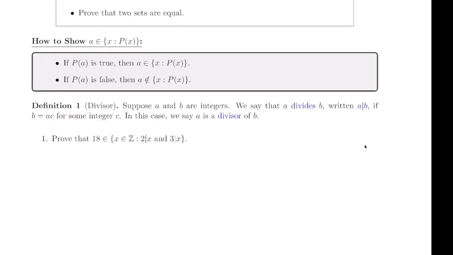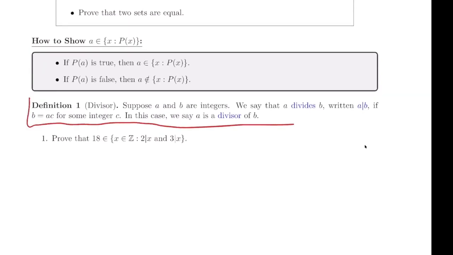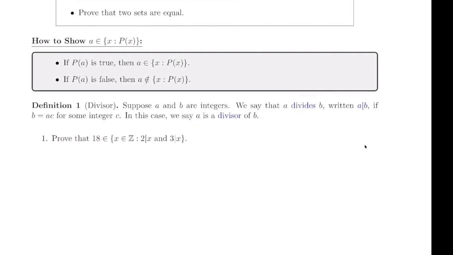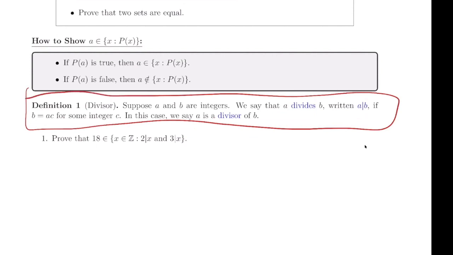And so one definition and some notation that I want to just clarify at this point is over here. So we say that a divides b if a times some integer c gives me b, right? So you might have an idea of what a divisor is.